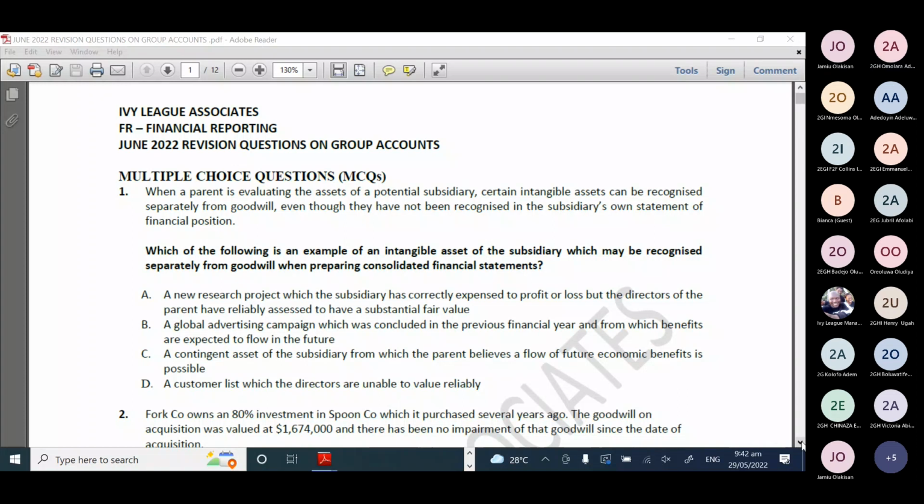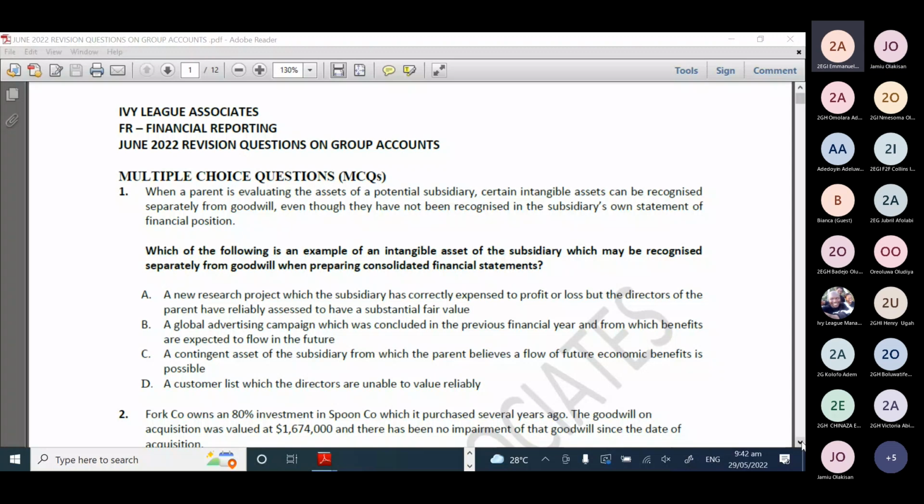Okay. Now, who's reading the first question, please? Good morning, Emmanuel. Number 1, when a parent is evaluating the assets of a potential subsidiary, certain intangible assets can be recognized separately from goodwill, even though they have not been recognized in the subsidiary's own statement of financial position.